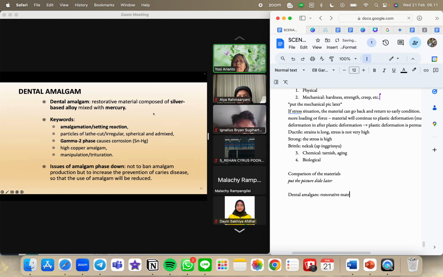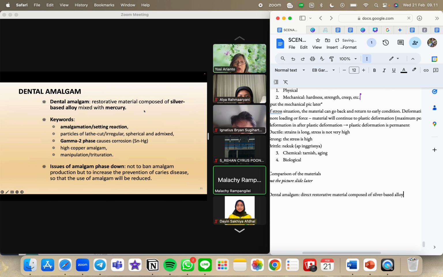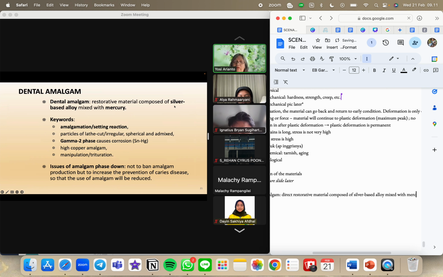It is a restorative material, a direct restorative material, which is an alloy, silver alloy mixed with mercury. So remember, silver.